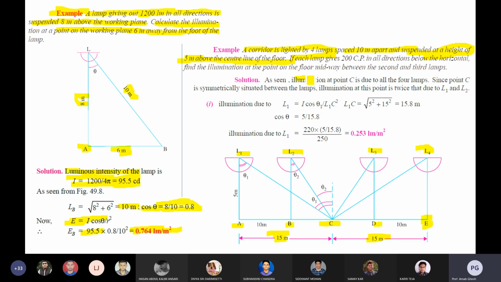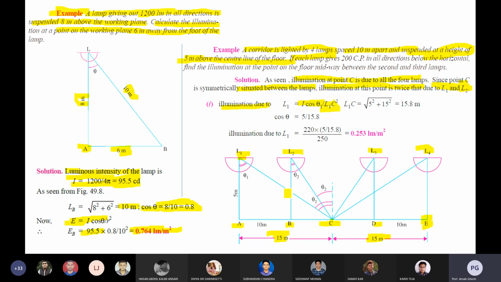Illumination at point C is due to the 4 lamps. Since point C is symmetrically situated between the lamps, consider illuminations at that point due to L1 and L2. Illumination due to L1 will be I cos theta 1 divided by L1C square, the distance L1C square, basic formula.